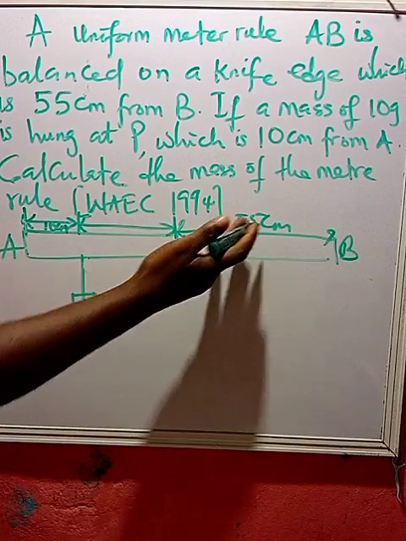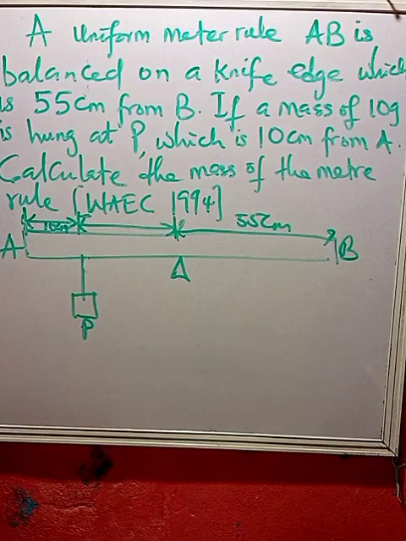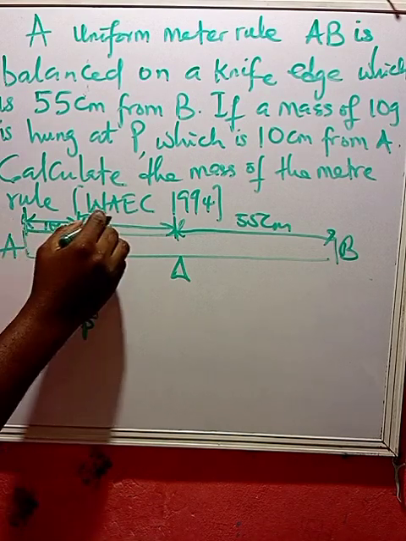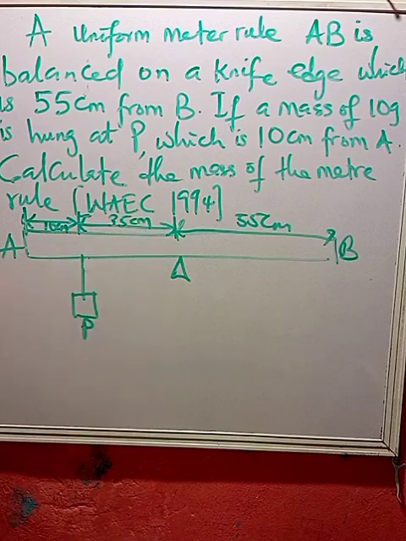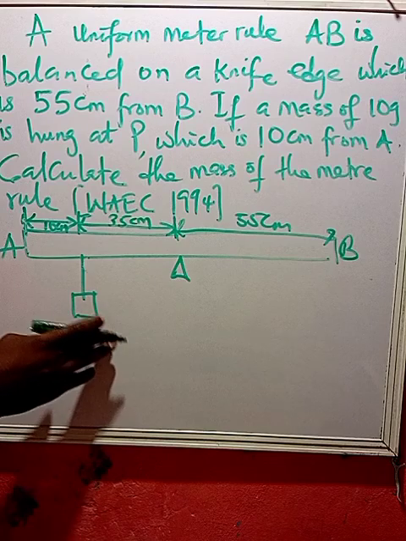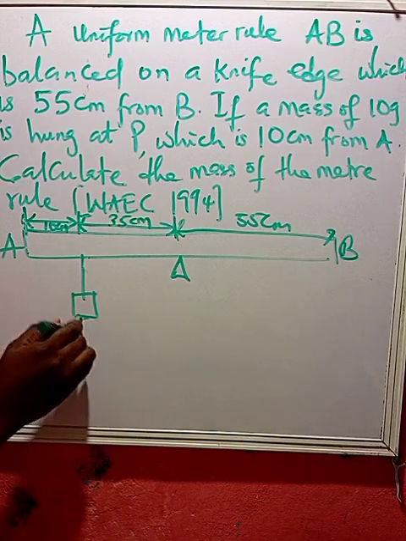Take note, remove 55 from 100, 45 will remain. So 45 minus 10 will give us what? 35 cm on this side. So a mass of 10 grams is hung at P.